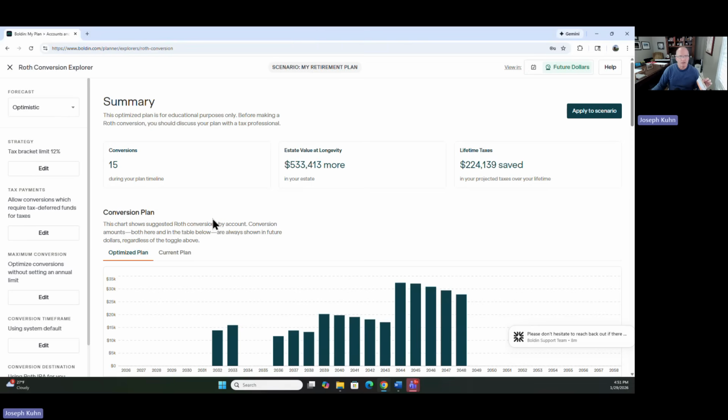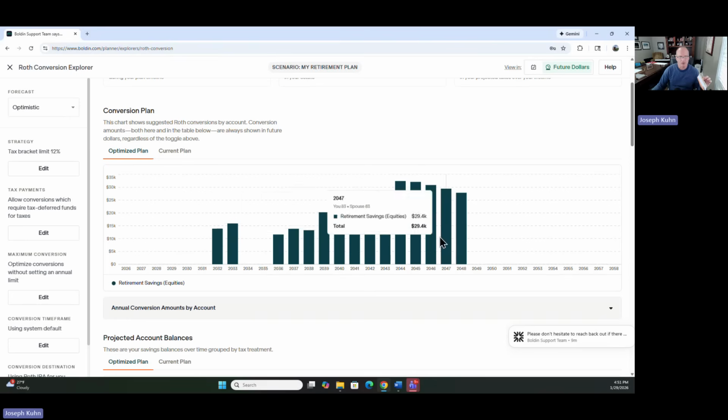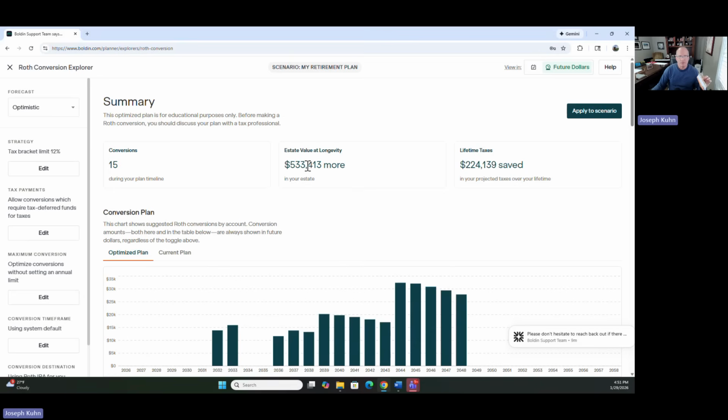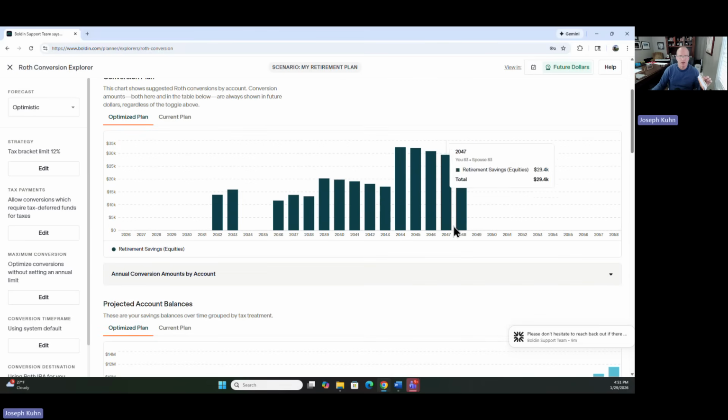It says to do 15 Roth conversions, and here's exactly what to do to the dollar. There's 15 of them. I'll have over $500,000 more at longevity and save $224,000 in taxes. So there's the year to make them. Here's the current plan.